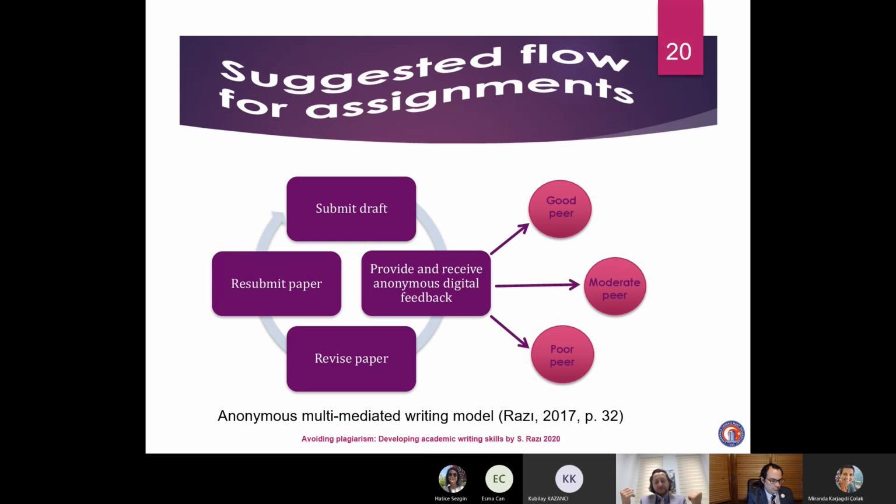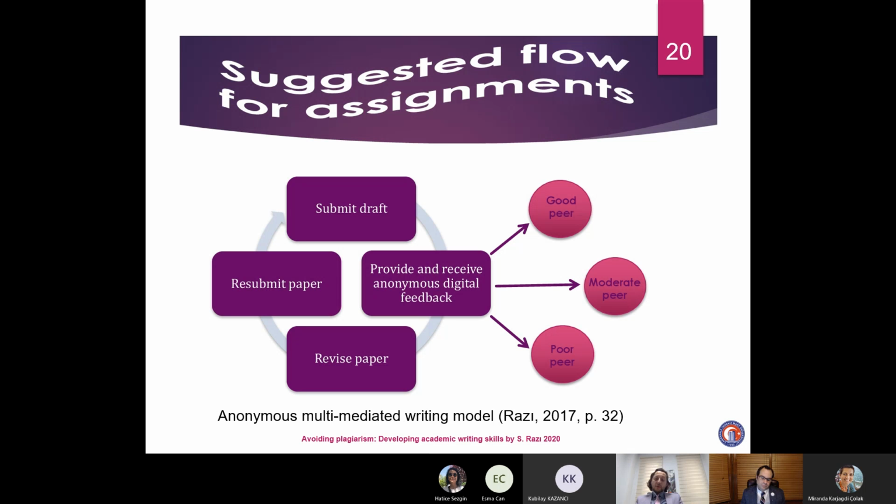Therefore, what did I do? Remember, I have 150 students each year, each semester. So what do I do? By considering my students' writing background and writing proficiency, I categorize my students into three groups: good students, poor students, and the ones in between.